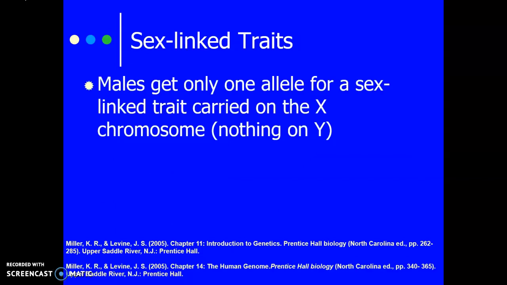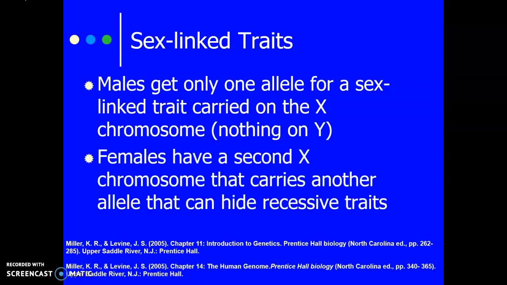All right, males get one X chromosome. And what we're going to find is that a male is either going to have a trait if it's linked, or they're not going to have a trait. They can't be what we call a carrier. A female has two X chromosomes.